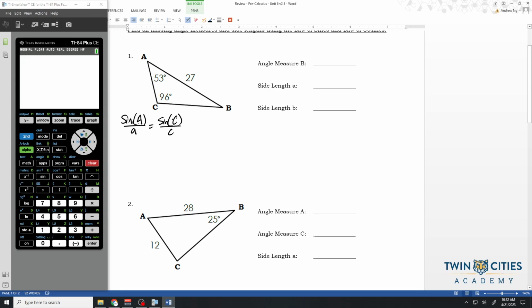Filling in what we know, that'll be the sine of 53 degrees over some unknown side length, a, is equal to the sine of 96 degrees over 27.